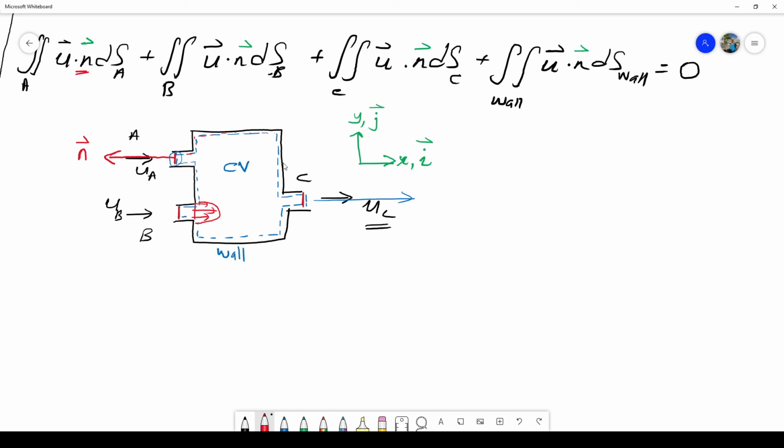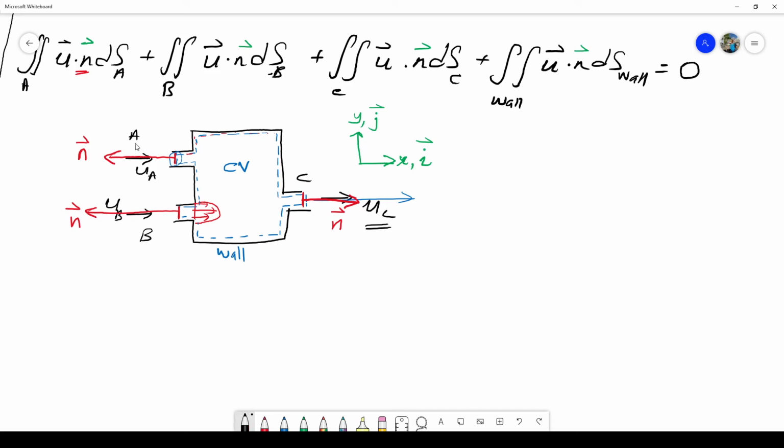So this is our control volume, and this is surface A. So n for surface A is pointing outwards and normal to the surface. For surface B it is in that direction, and for surface C we have n pointing in the right direction.